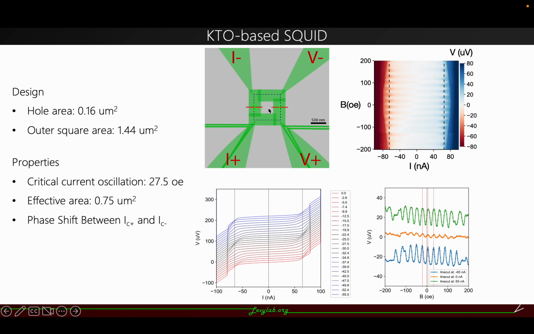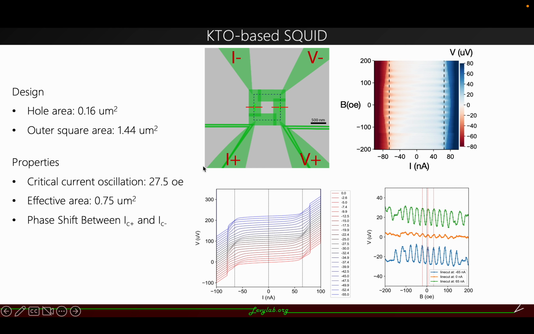This is due to the screening current within this two-dimensional region, which will cause a phase difference between here and here, and also between here and here.